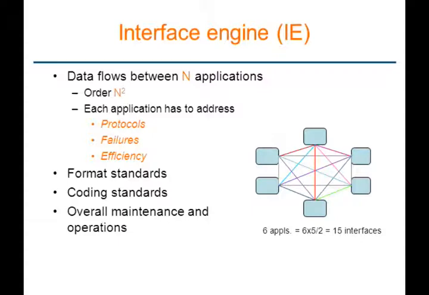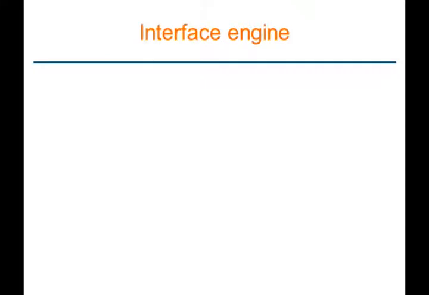In a place like New York Presbyterian, which has over 300 if not 400 interfaces between many different applications, well, let's put it this way: the number of applications is on the order of 100, and if each one of them had to talk to the others, it would be 100 times 99 divided by 2, which would be thousands of interfaces. But using better techniques, it's now at 400, and let's see what those better techniques are.